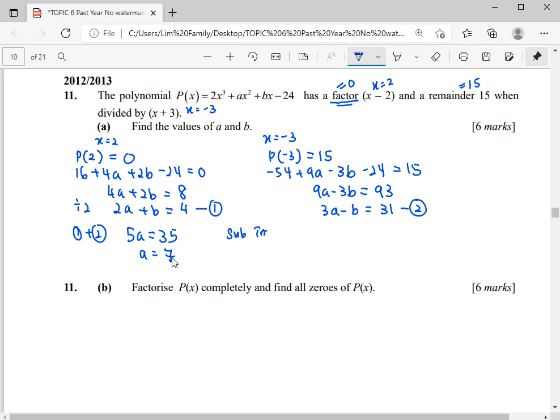Then we substitute into either one of these equations. We pick 1. So a will equal 7, and b will equal negative 10.